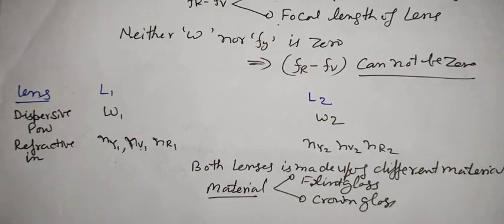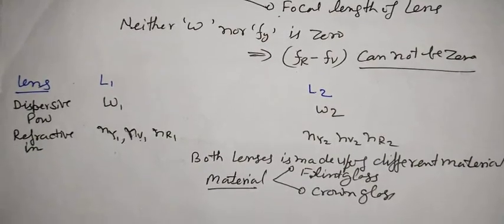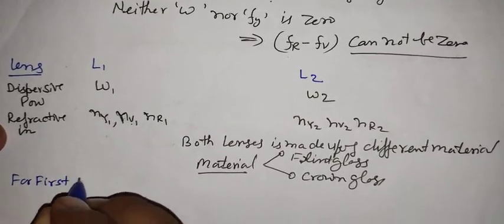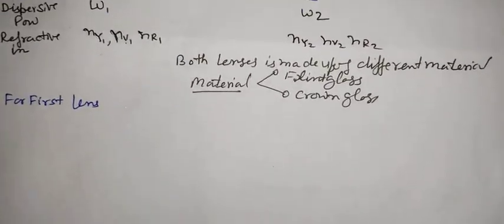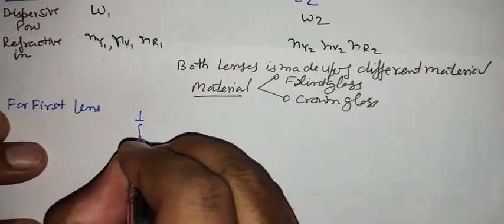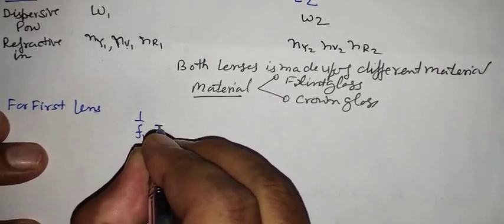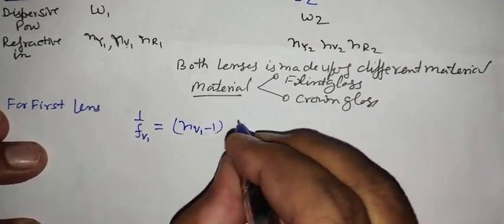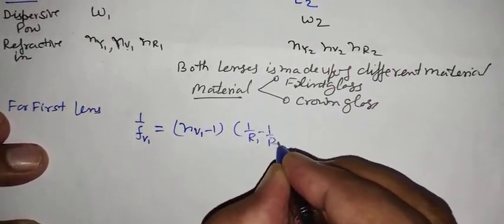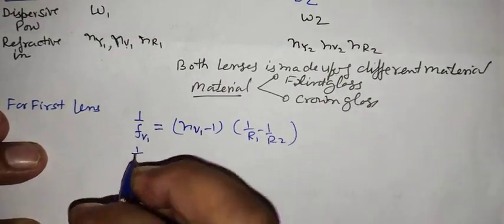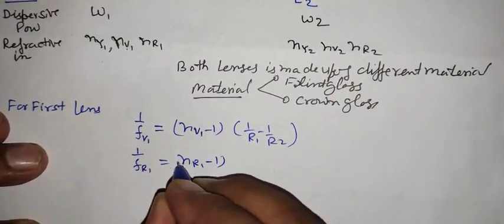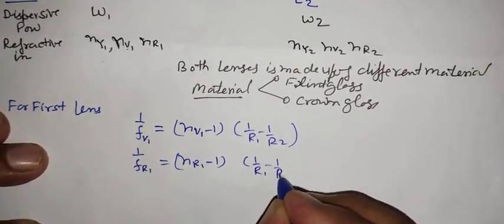Now let us see the mathematical expressions for the first lens. For the first lens, 1 upon fv1 is equal to (nv1 minus 1) times (1 by r1 minus 1 by r2), and for another color, 1 upon fr1 is equal to (nr1 minus 1) times (1 by r1 minus 1 by r2).